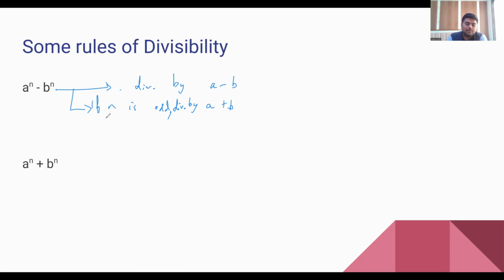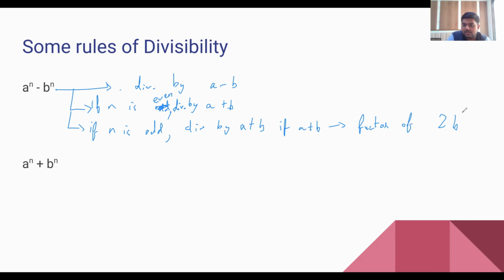And if n is odd, then divisible by a plus b only if a plus b is a factor of 2b to the power n.